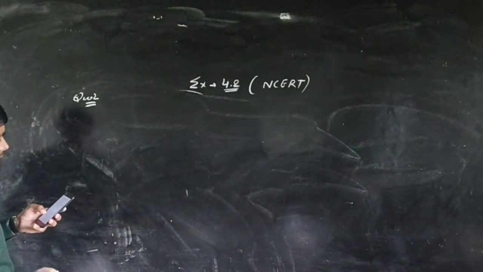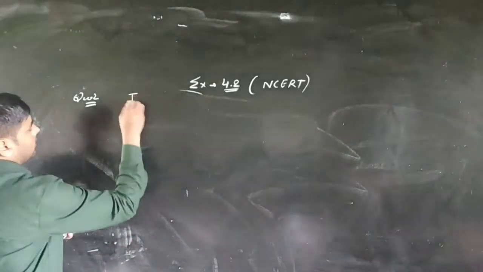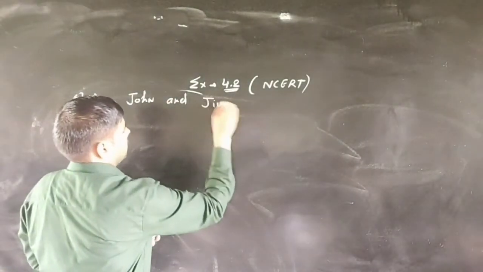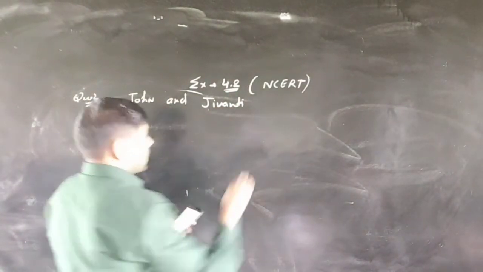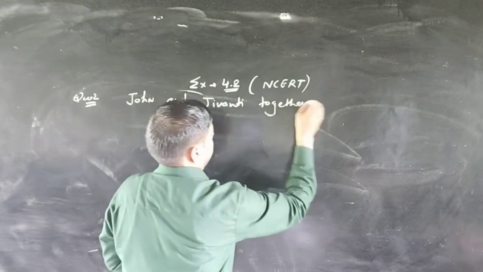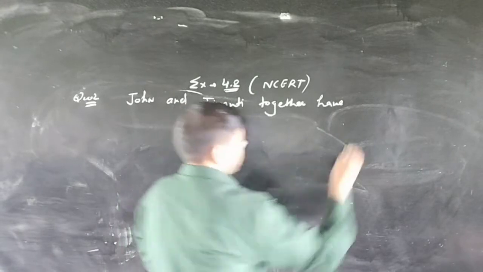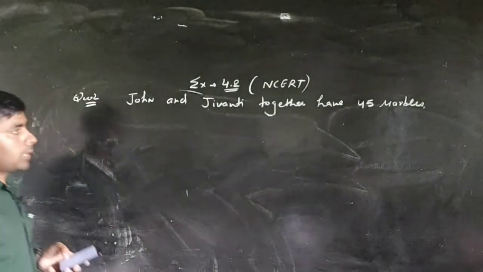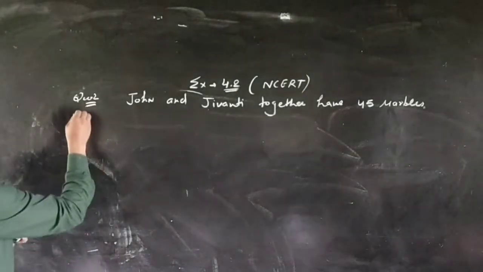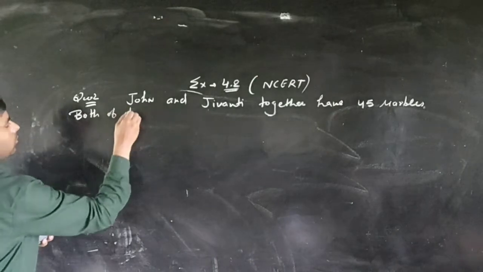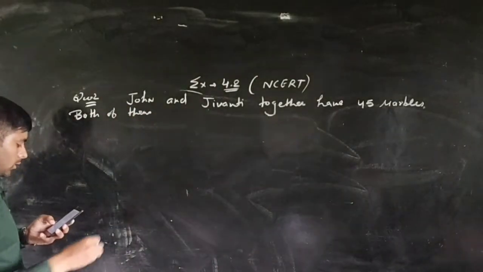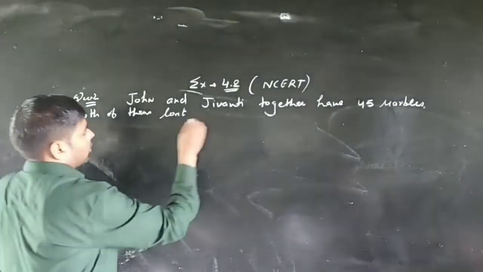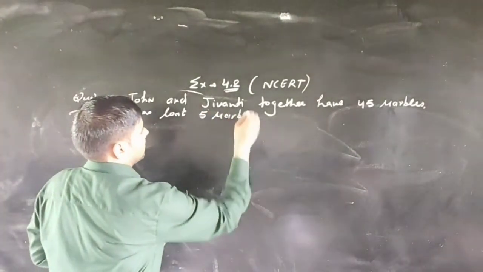John and Jivanti together have 45 marbles. Both of them lost 5 marbles.